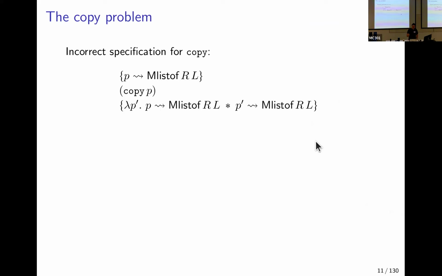If you have a higher order list predicate and you specify this copy function, you'll have a problem. Why? I should say this is like a copy written like a list.copy, making a new list, but not knowing what's inside the list.